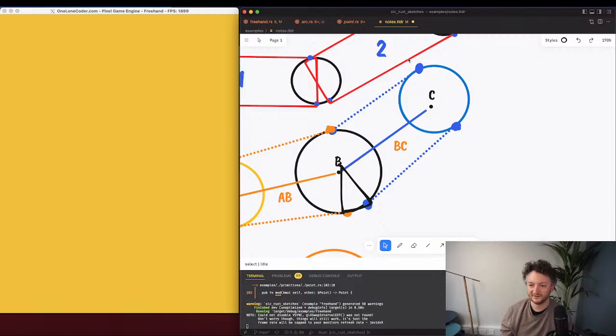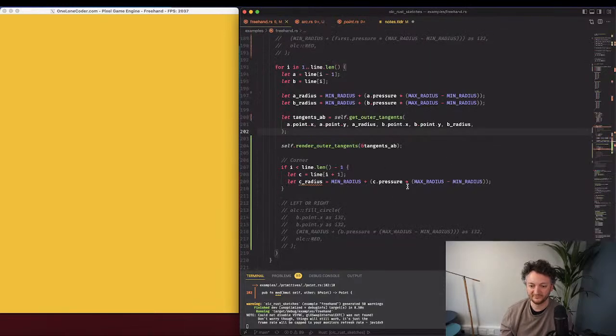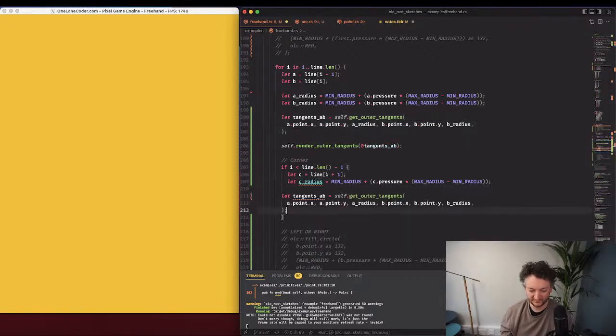So maybe there's a smarter way of making sure that we don't have to calculate this twice, but I don't know it yet. Right. So this is going to be tangents BC. Maybe we have, because this on the next iteration is going to be this.